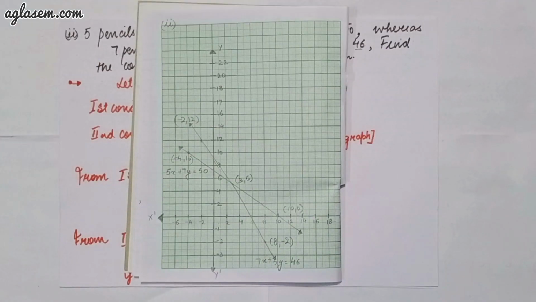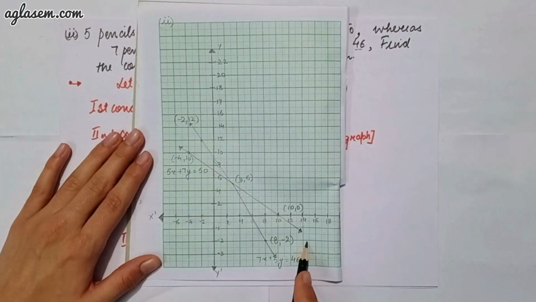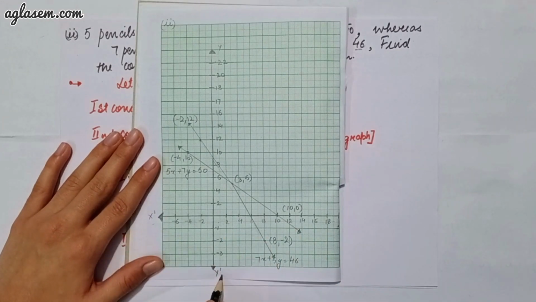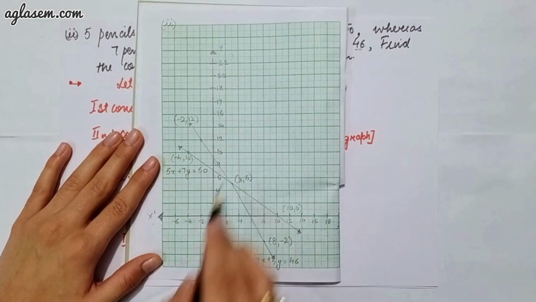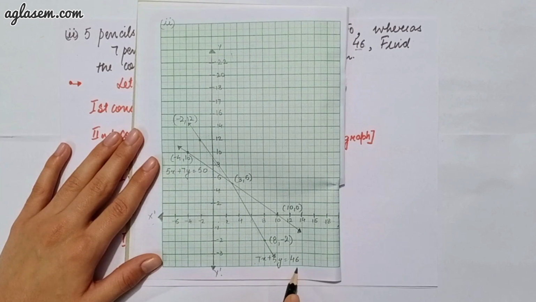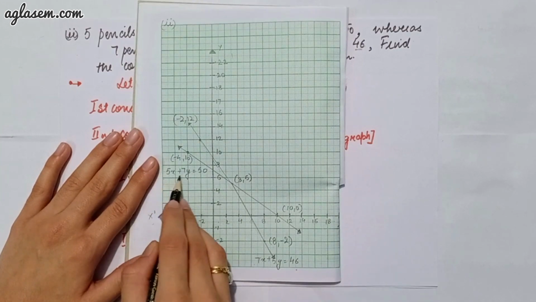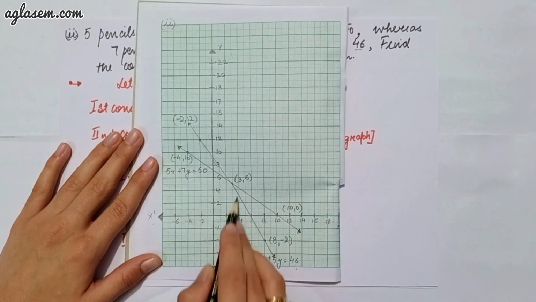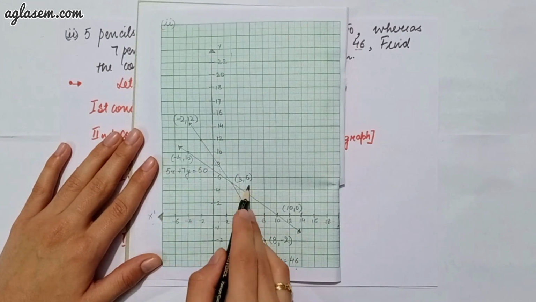So here is the graph in front of you. You can see it very clearly that we have taken the x-axis and x dash axis, y dash axis and y axis. We have marked the points here, and we have found the equations 7x plus 5y is equal to 46 and 5x plus 7y is equal to 50. On the x-axis we have taken 3 and on the y-axis we have taken 5.